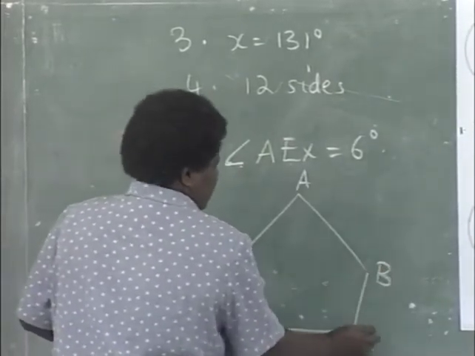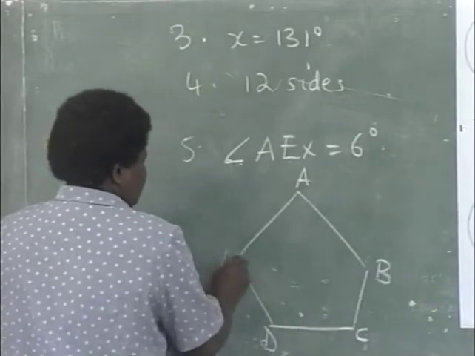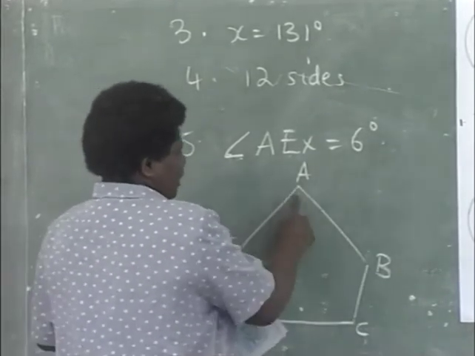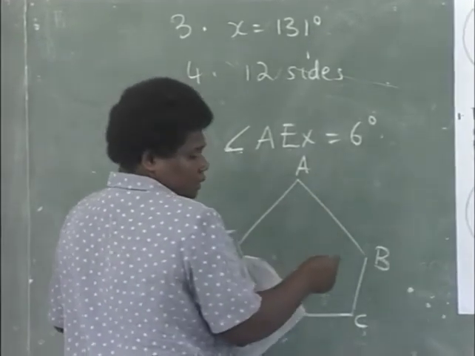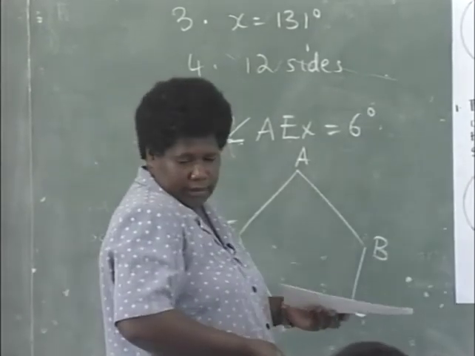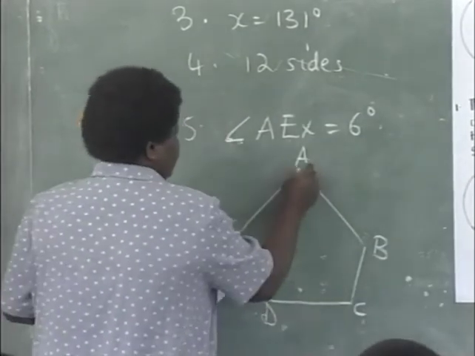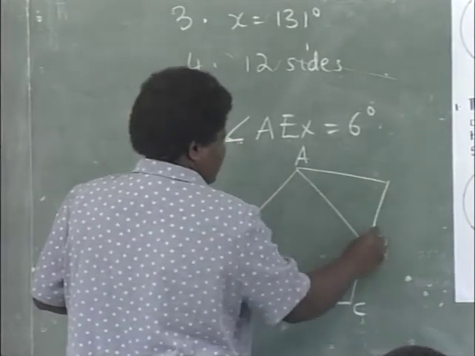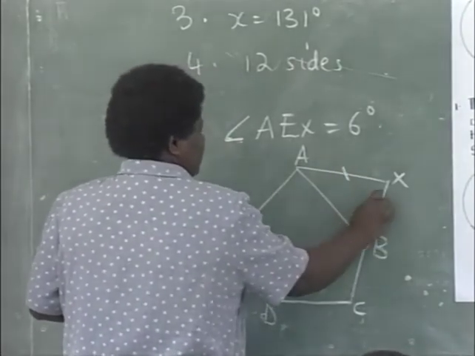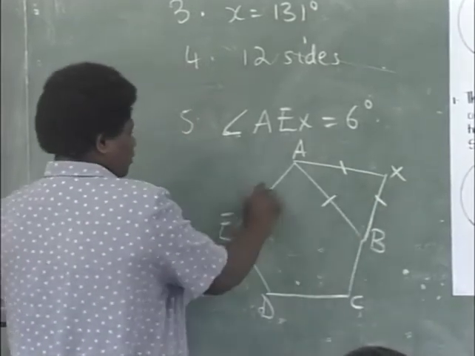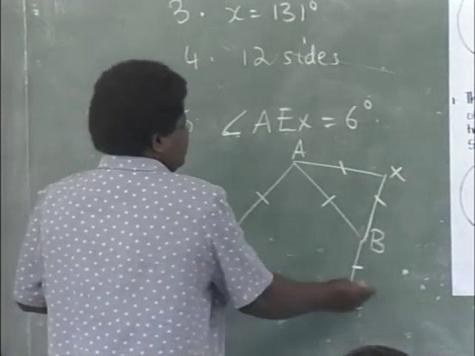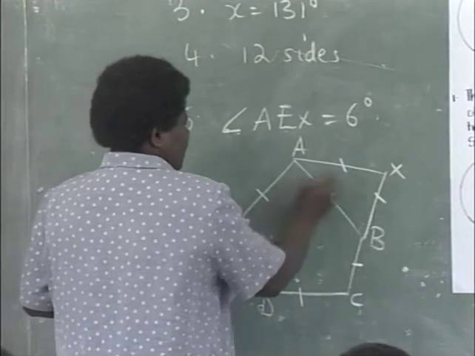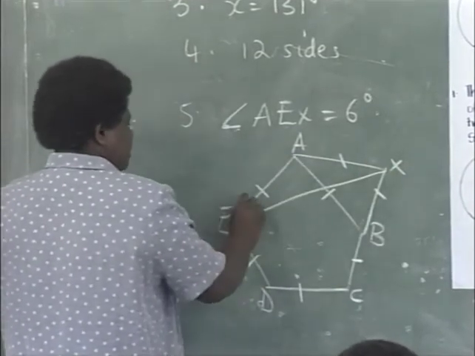If this is the pentagon, ABX is given to be an equilateral triangle. So if you draw triangle ABX, this and this and this will be equal. And then AEX would be this angle.